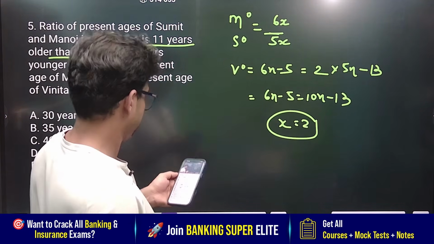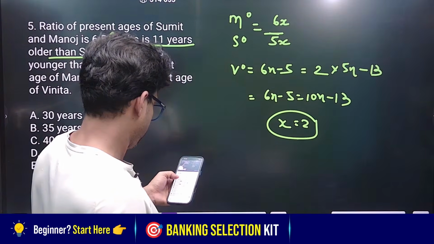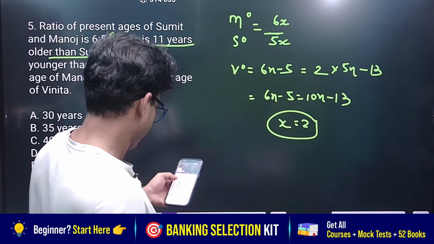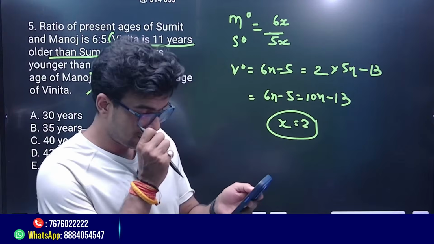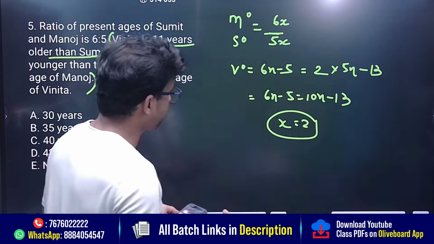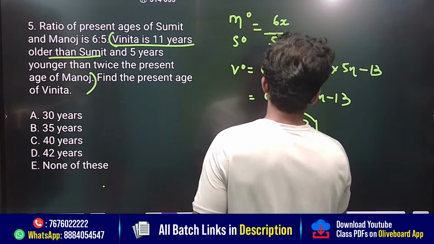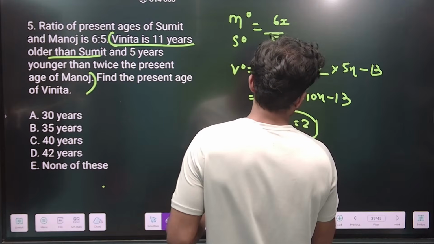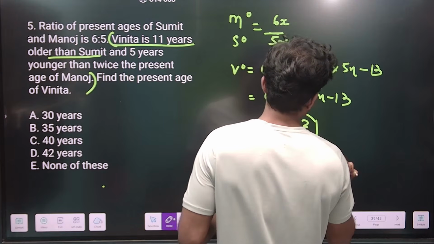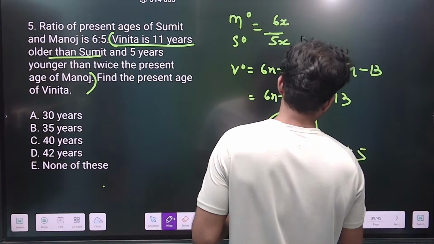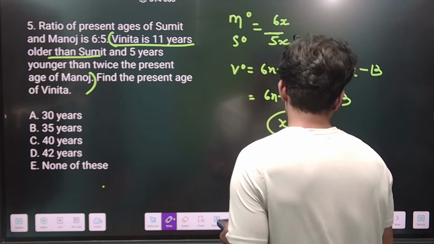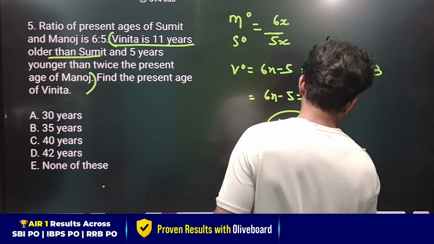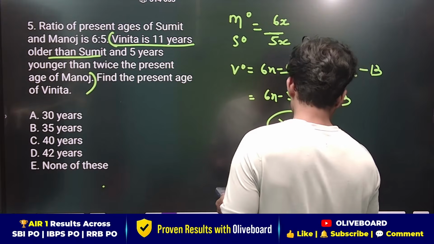Okay, x value is 3. How come? 6x minus 10x equals minus 13 plus 5. Minus 4x equals minus 8. x equals 2. x is basically 2.